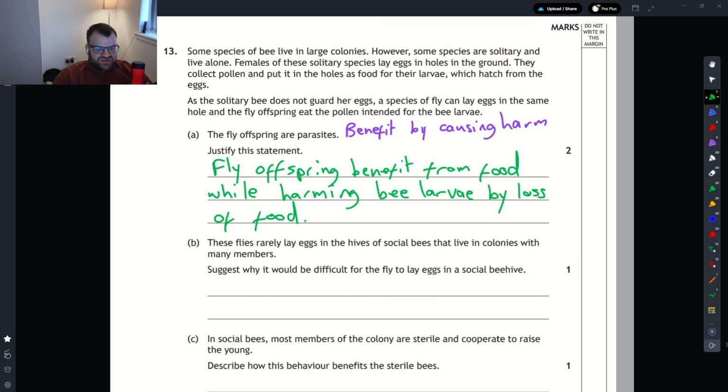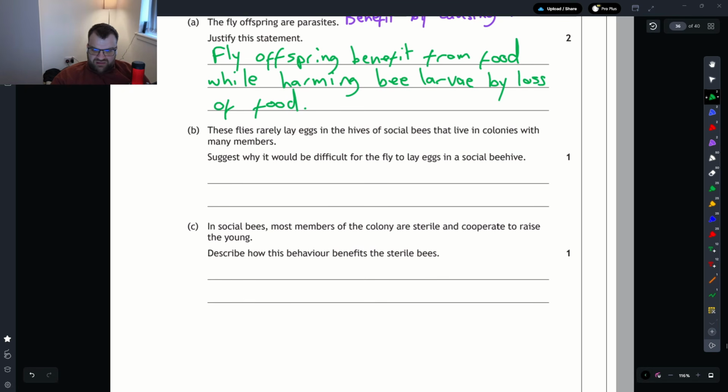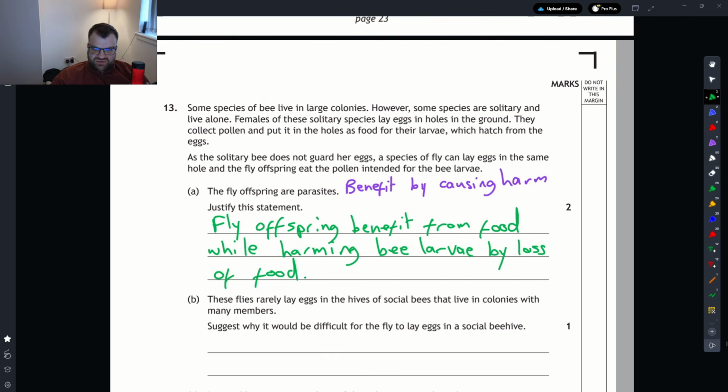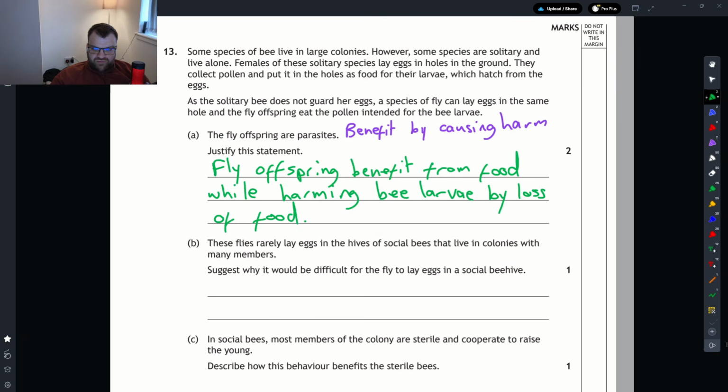Flies get food that was supposed to be for the bee larvae by stealing it. Something like that. Lay the eggs in a social bee living colony. Whether there's a fly to lay eggs in a social beehive. Does not guard their eggs.